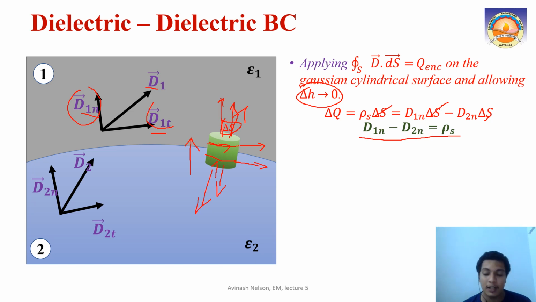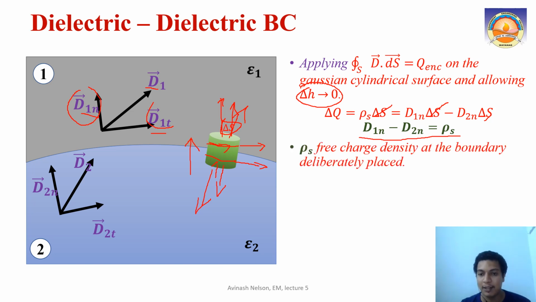Now we already know that there is no charge at the boundary, which means the rho s value is 0, our boundary is charge free, there is no charge density at the boundary. In that condition D1n minus D2n will become 0, or we can say that the normal components of electric flux densities are the same. Understood? It was the reverse for the tangential component of flux density.